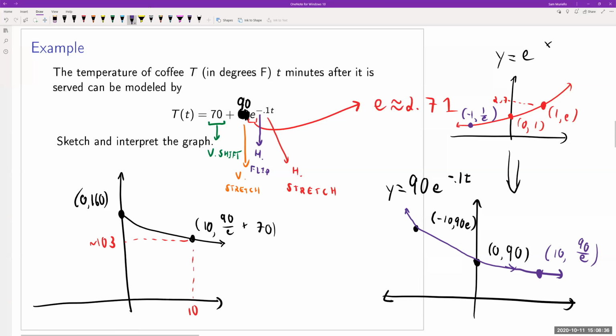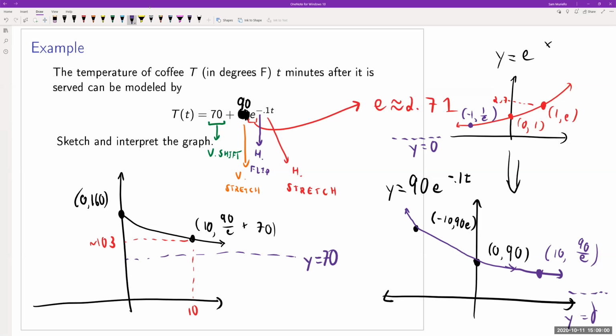We also can track where the asymptote would be. The asymptote of the original graph we know will be y equals 0, and that will be the same for the flipped and stretched graph. That won't change. But when we shift upwards, we'll have a new asymptote at y equals 70.